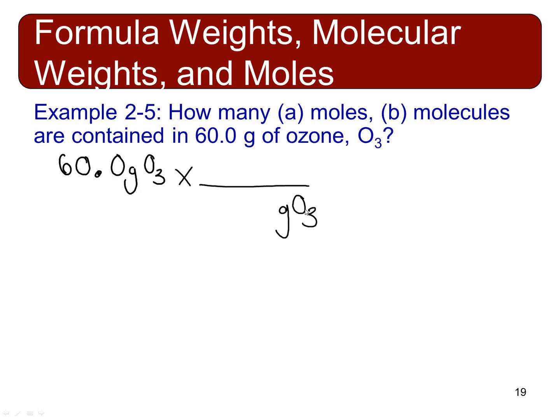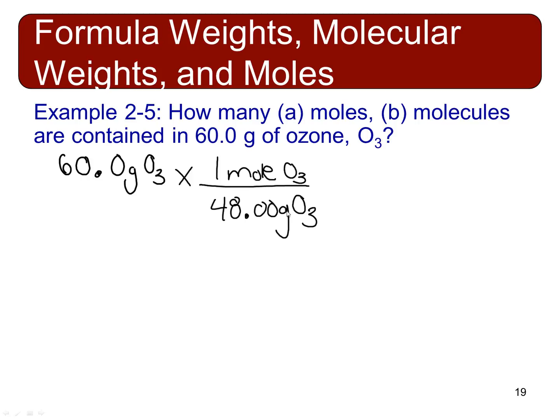So we end up with about 48 as our formula weight. Some of you may have known that off the top of your head, but it came from the periodic table, and it's always based upon 1 mole. We have 48 grams per 1 mole of ozone.